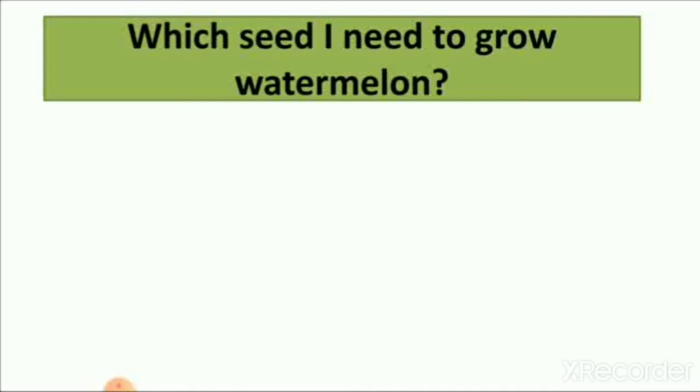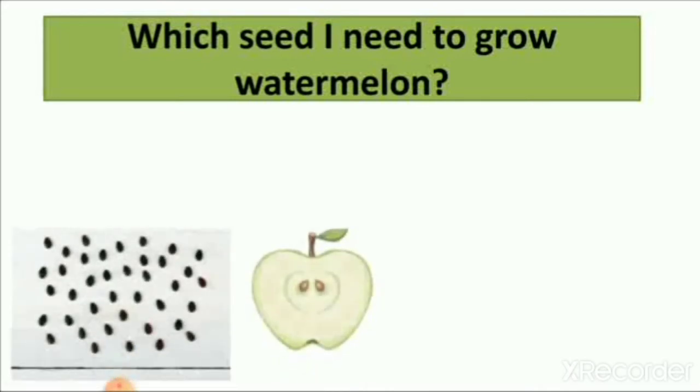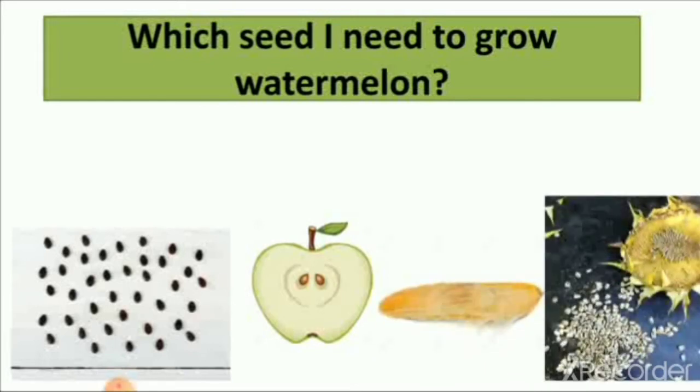But today we are growing watermelon. So which seed do I need to grow watermelon? I have four seeds. You can see here a watermelon seed, an apple seed, a mango seed, and here is a flower, a sunflower. So sunflower seed.